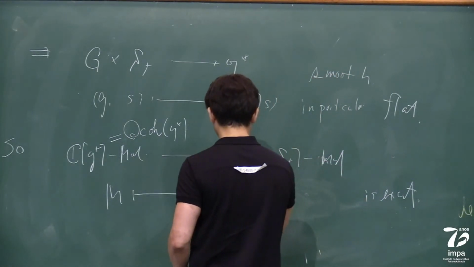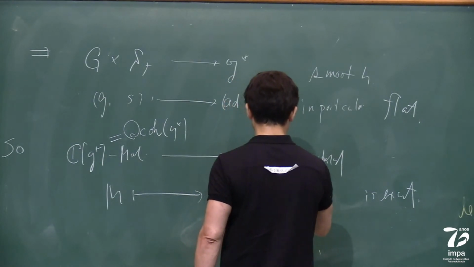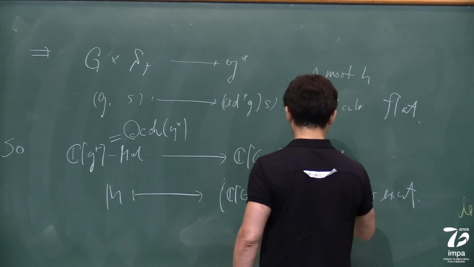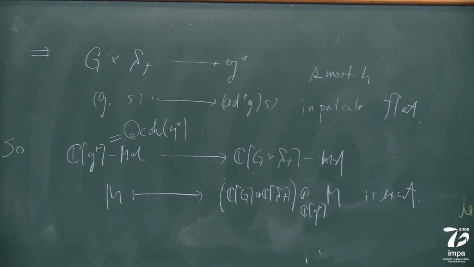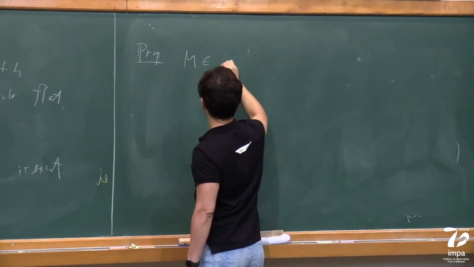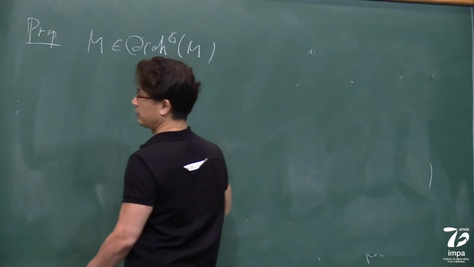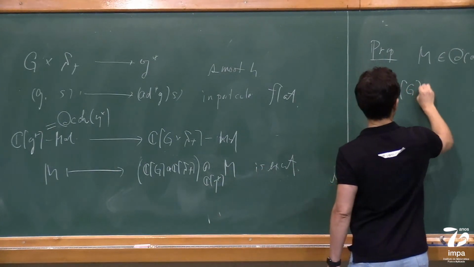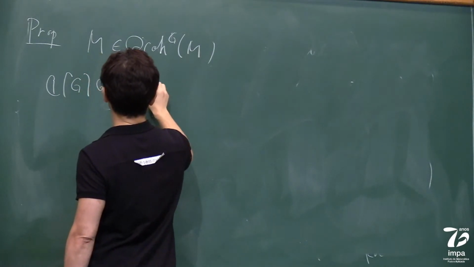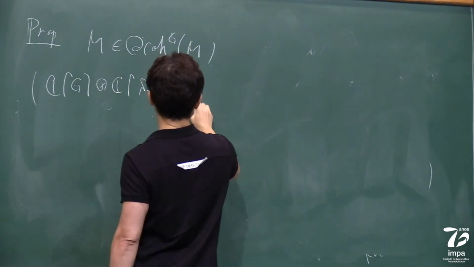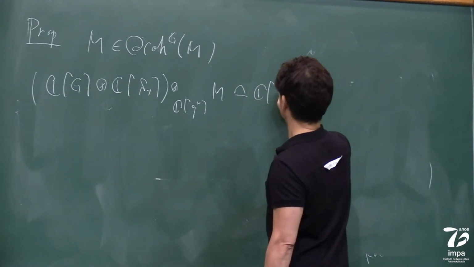Now one can use the following trick. Proposition: if M is G-equivariant, then this space is isomorphic to this one.